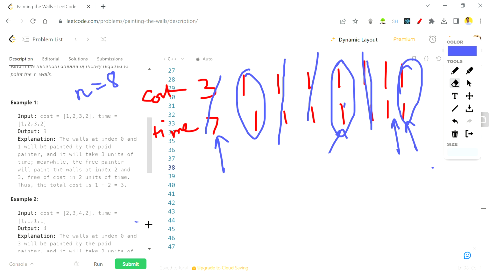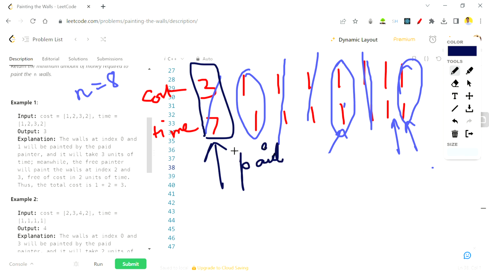In this example, when you observe, in case I assign the paid painter the local maximum, the cost which is not amongst the minimum, then for a time frame of 7 my paid painter is busy and the cost associated is 3.